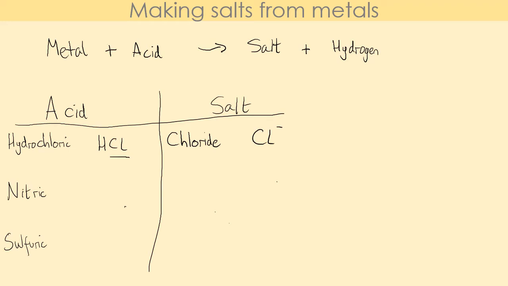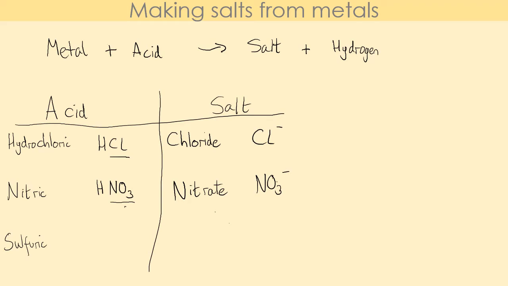For nitric acid, our formula is HNO3. Again, we need to look at our negative ion in this compound, and we will get our NO3-. So all nitric acids will form nitrate salts.